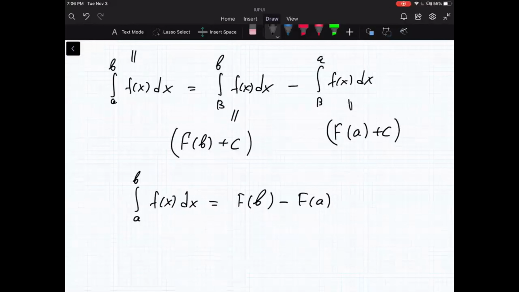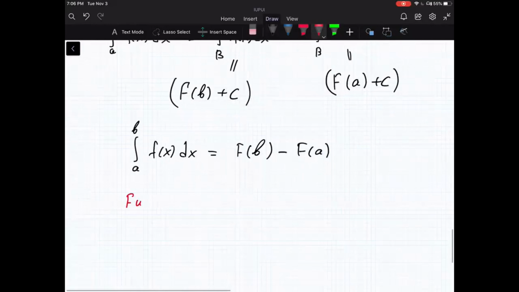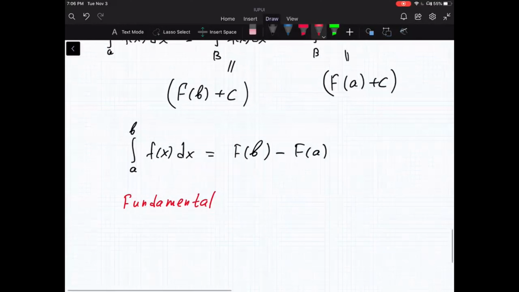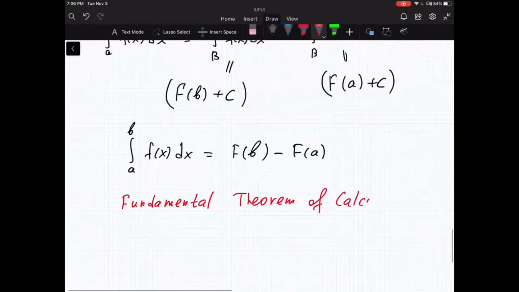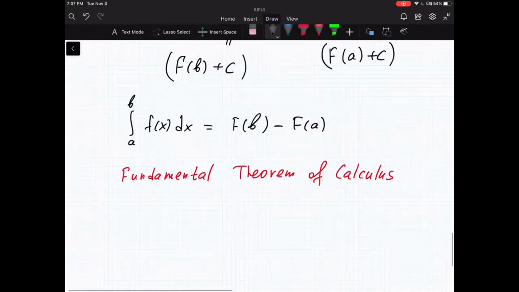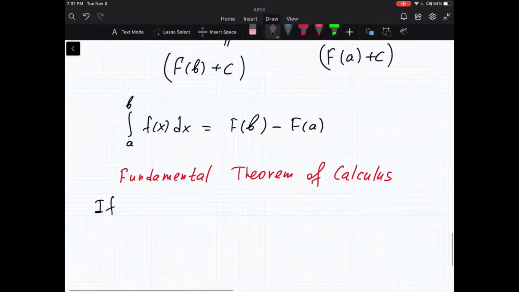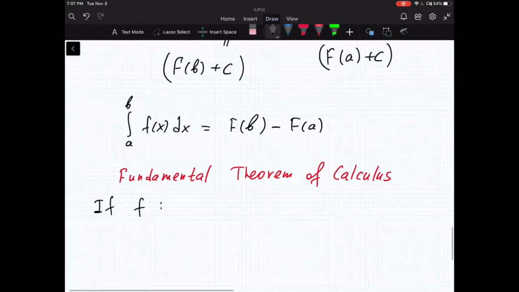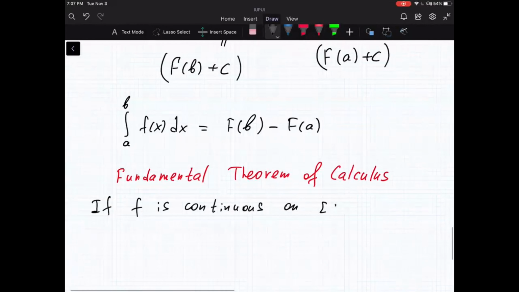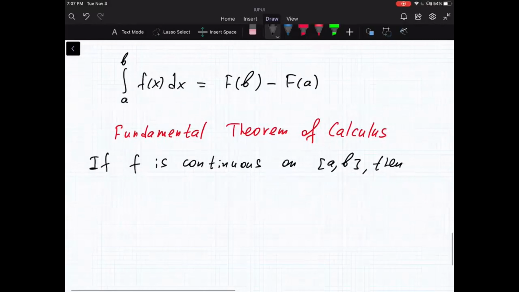And so this result is known as the fundamental theorem of calculus. So the statement is the following. If your function f is continuous on interval [a, b], then the definite integral from a to b of f of x dx can be calculated in the following way.